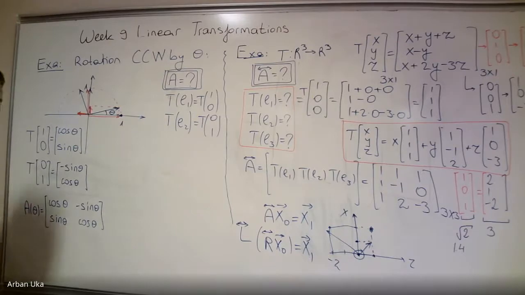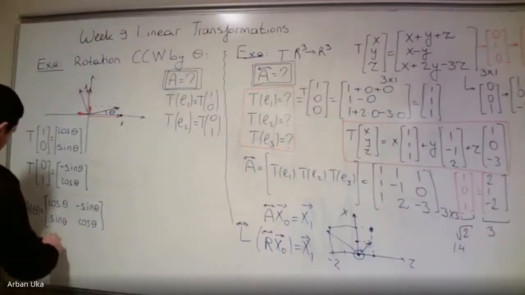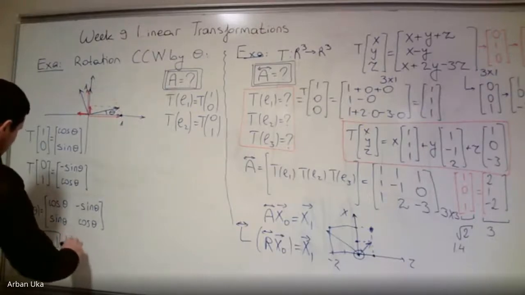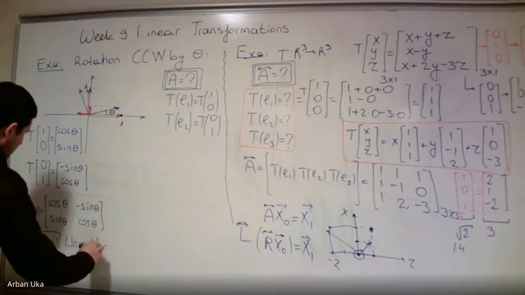So what is the determinant of this matrix? 1. The determinant here is equal to 1, and whenever the determinant is equal to 1, we call these matrices unimodular matrices. Okay? Unimodular matrix.